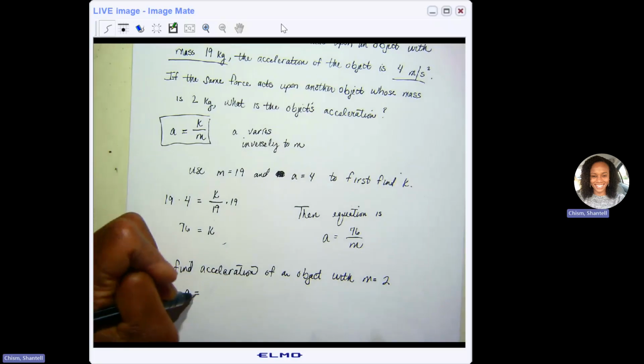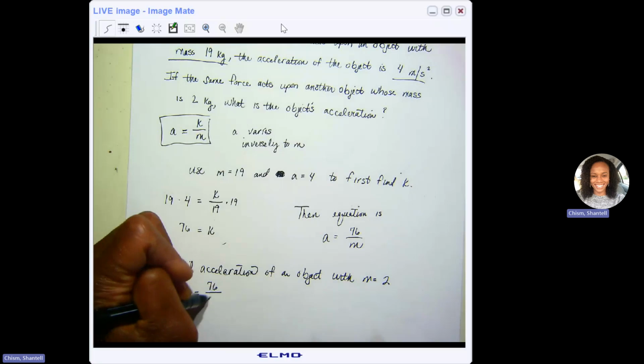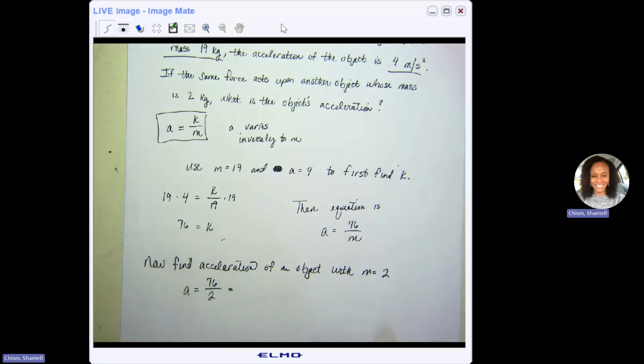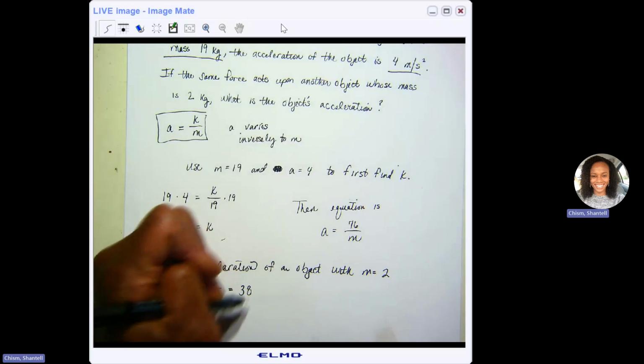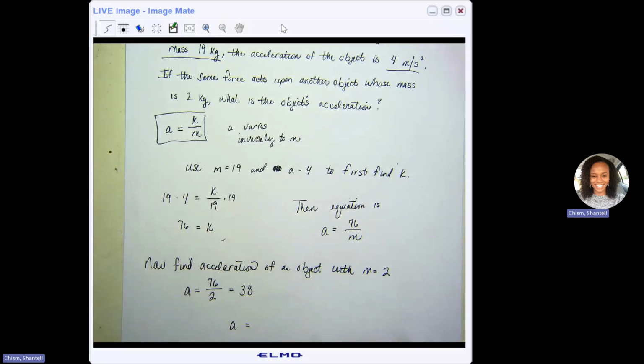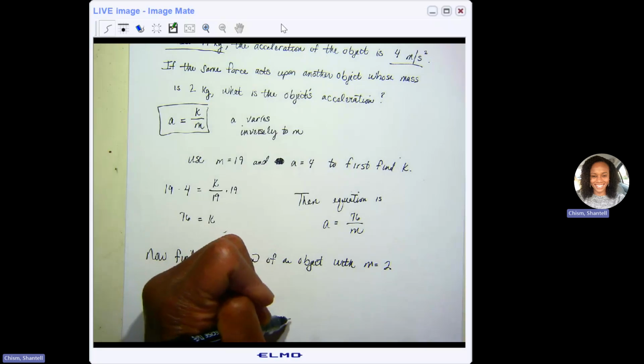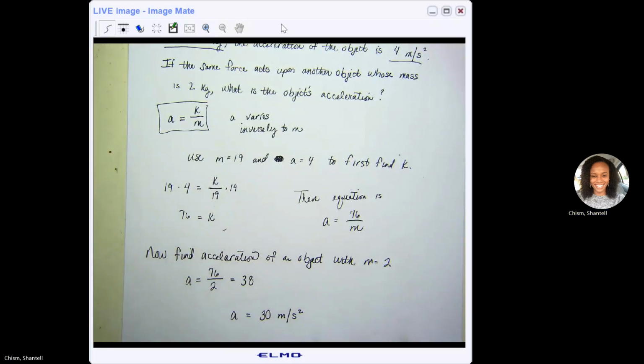So we're going to say A equals 76 divided by 2. And to get that answer, 76 divided by 2, we get 38. So with an object that has a mass of 2 kilograms, the acceleration is 38 meters per second squared. Okay?